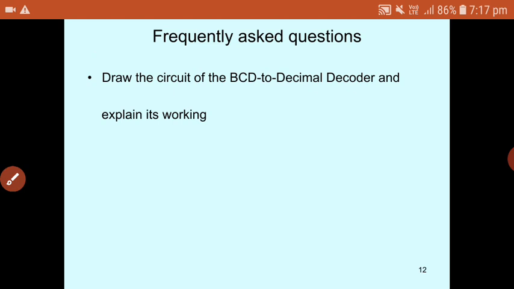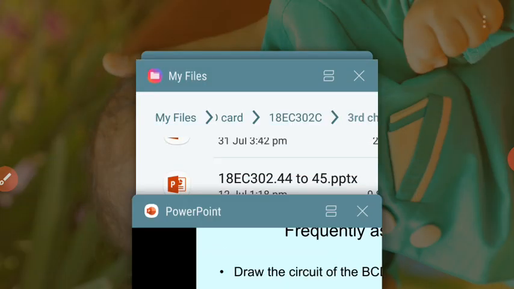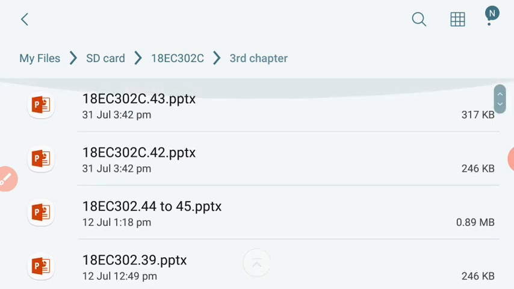Okay, so this is about drawing the circuit of the BCD to decimal decoder and explaining its working. This completes the BCD to decimal decoder discussion.